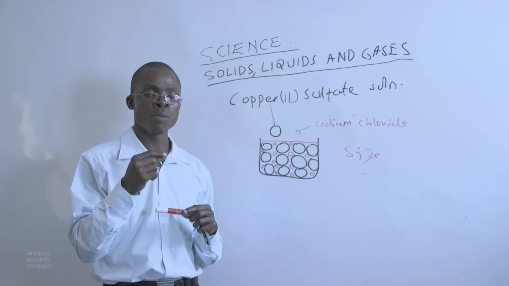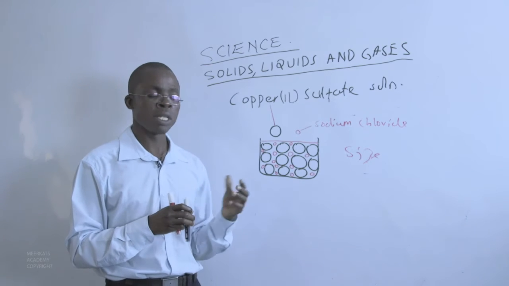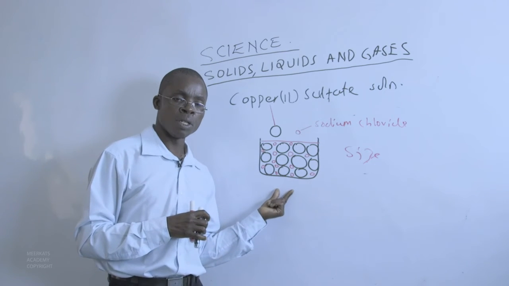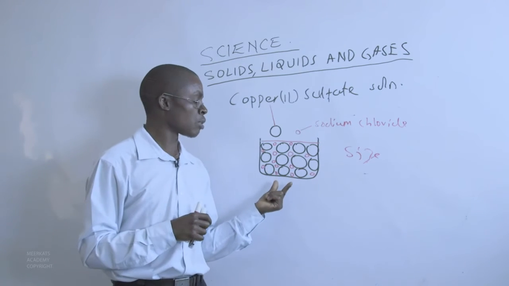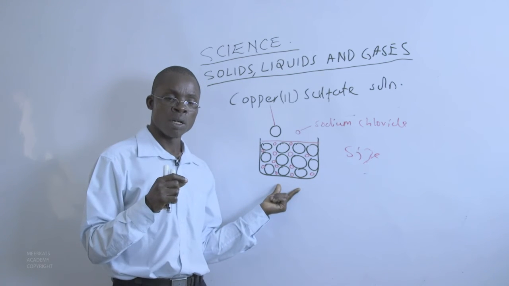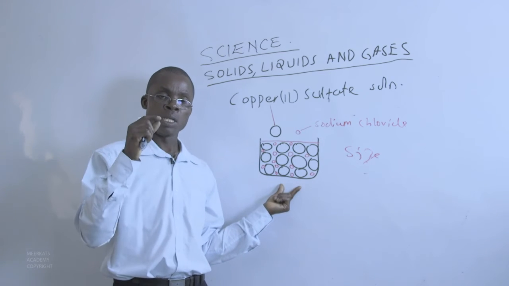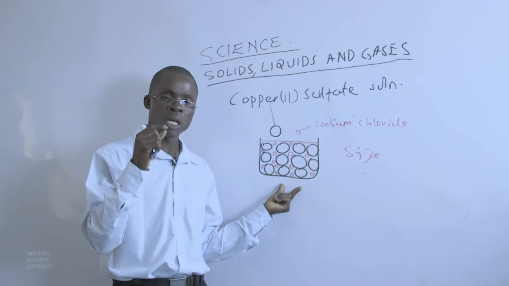So there's now an addition. We have done some improvement on our definition. Previously we had said a solute being dissolved in a solvent at a particular temperature. No more solute can be dissolved in that solvent at that particular temperature.